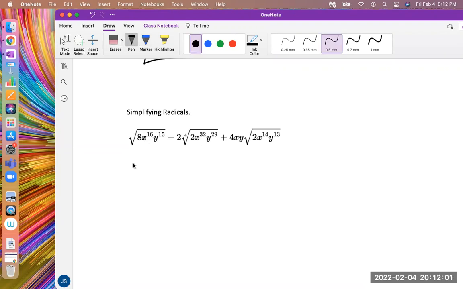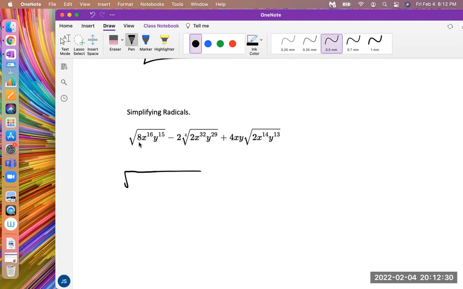So if it helps you, you could think about, well, how many x squareds are in x to the 16th? Well, there's 8 x squareds in x to the 16th, right? Because if you want to think about it, you can expand it. Actually, I'm going to expand everything so it's a little clearer for you.